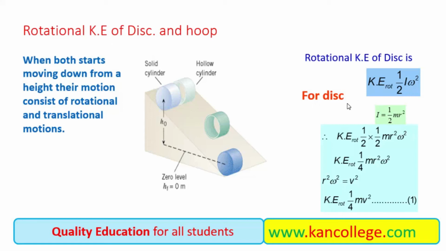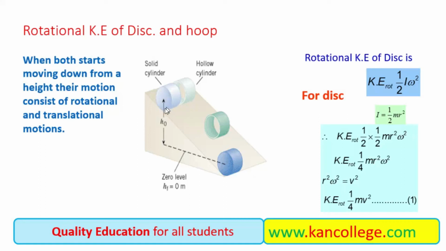For the disk, the total mass m is spread over the whole disk, so some mass is at zero radius and some mass is at the maximum radius.